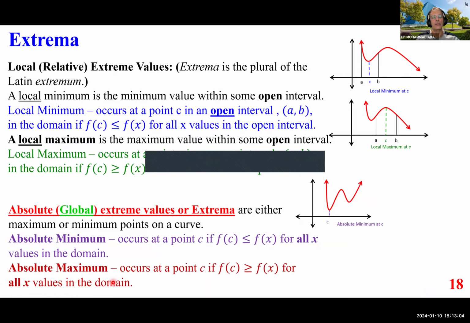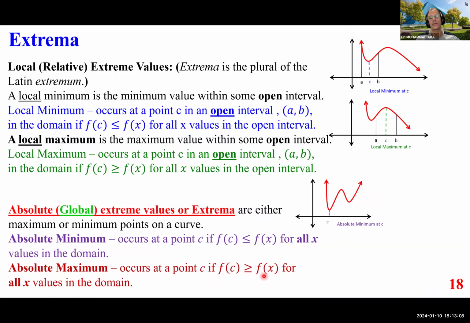An absolute maximum occurs at the point c if f(c) is larger than or equal to f(x) for all x values in the domain. So when you look at this graph, local max, local min, local max.